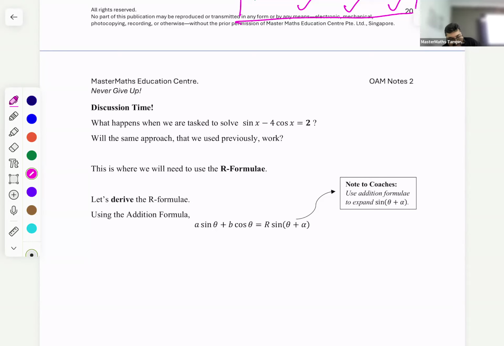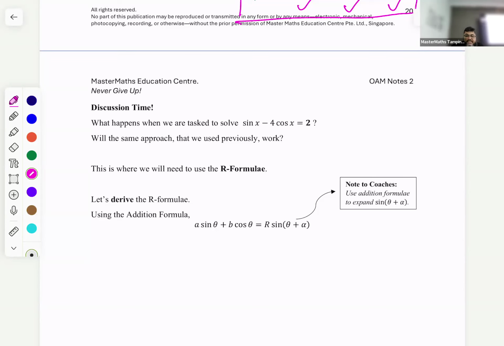If I divide by cos, the first term will give me a tangent, the second will give me a 4, then the other one will give me 2 over cos theta. Correct or not? We cannot solve. And that is where we are going to use this method called the R formula method.